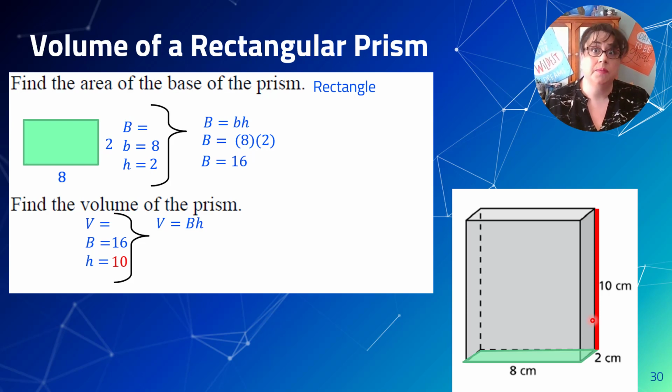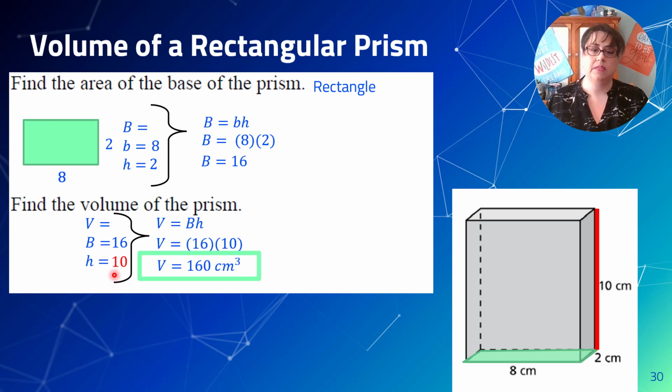This is why it's important to write these down. Because if somebody was helping me and I wrote something different here, it'd be really easy for the person helping me to see where I went wrong. So now I substitute those two into my formula and I get 160 centimeters cubed. Why am I using centimeters cubed? Because it's volume, and volume always uses cubic units.